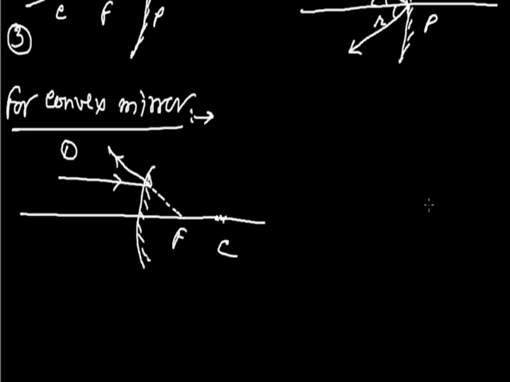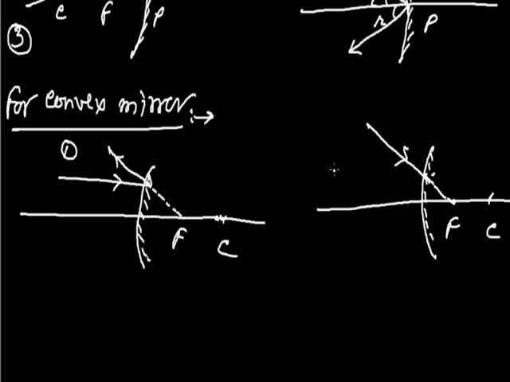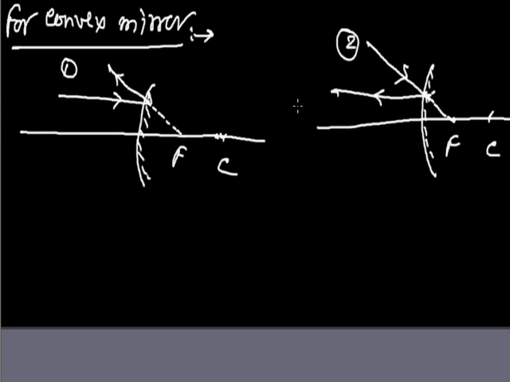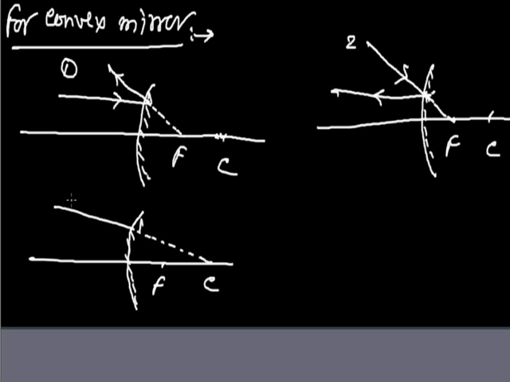For second ray, convex mirror, this point is focus point, this one is C. A ray moving towards the focus point, after reflection it becomes parallel to the principal axis. This one is second ray. Third ray, a ray moving towards C, and here is C, because it falls normally, so it will come back on the same path.